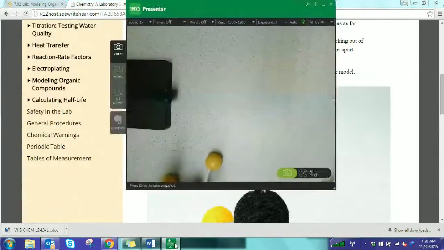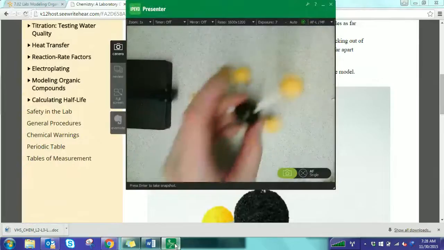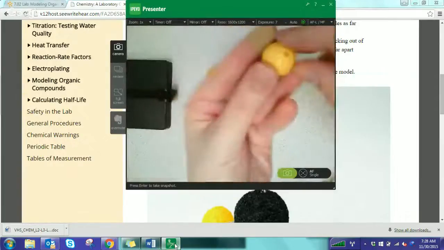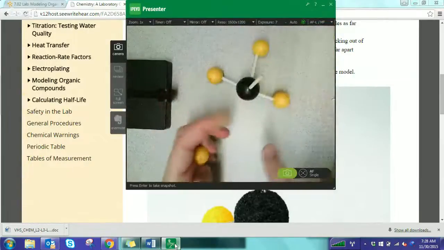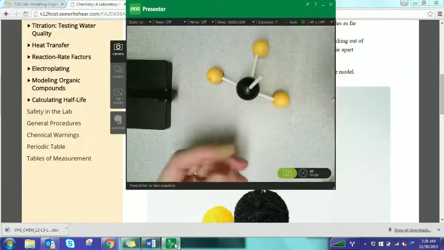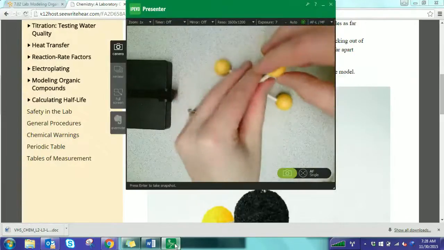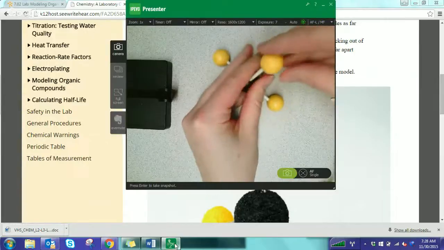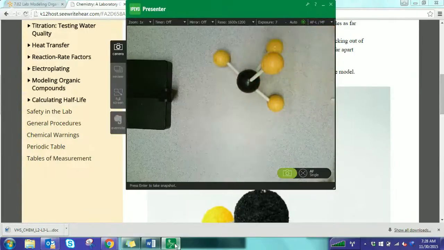What you guys have are something kind of like this, where there are defined holes on your atoms, all right? So you kind of have to go with wherever the holes are, and they don't necessarily fit. Some of the white pieces go in the hole really nicely. Sometimes they're a little too small, but just do your best.